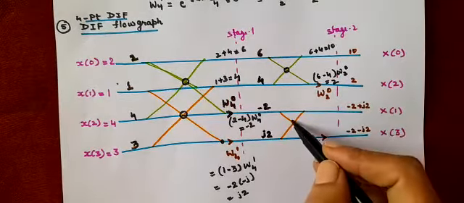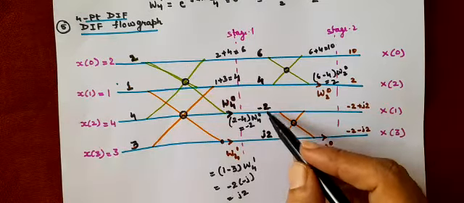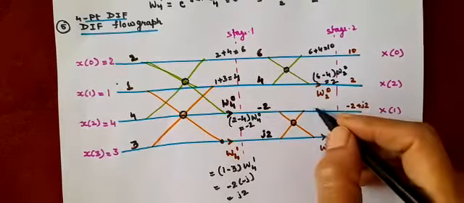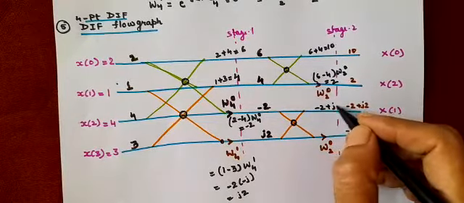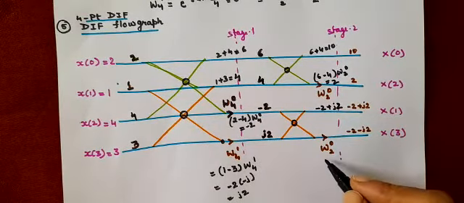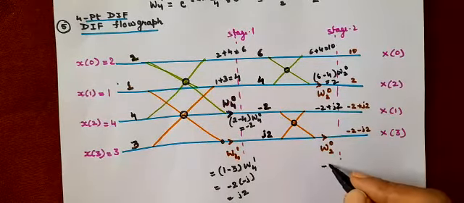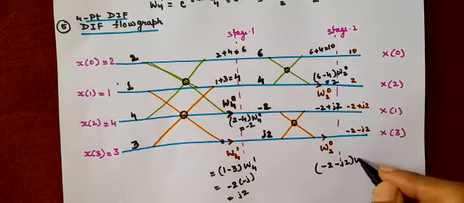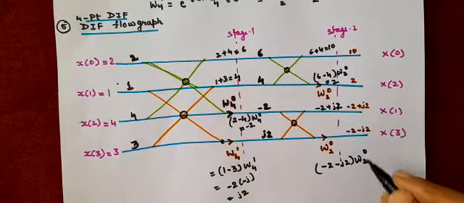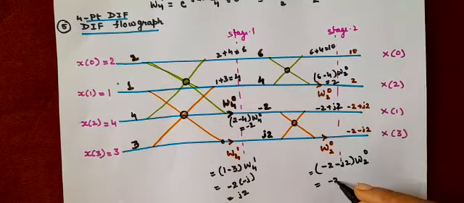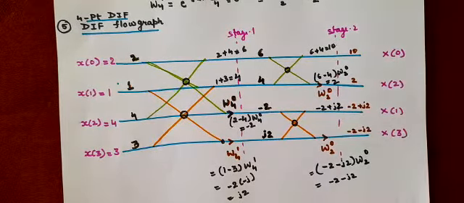For this butterfly, the inputs are minus 2 and j2. So what is the equation? A plus B: minus 2 plus j2. Here, A minus B: minus 2 minus j2, whole multiplied by W2 to the power of 0. W2 to the power of 0 is 1. So it will be minus 2 minus j2.